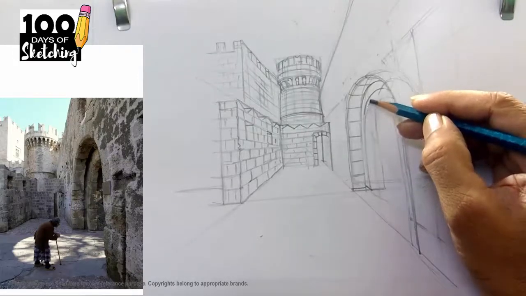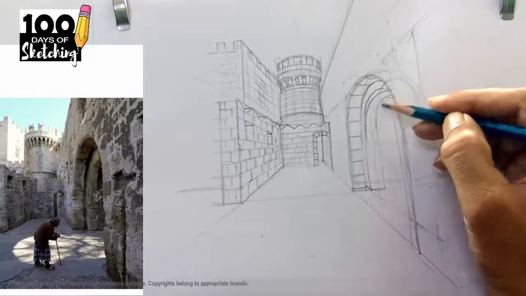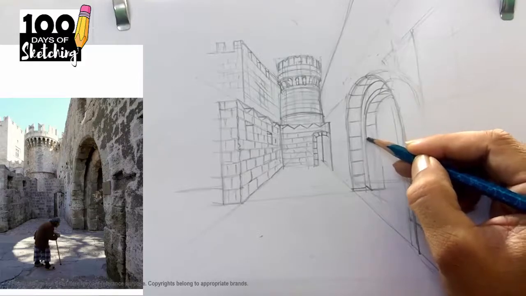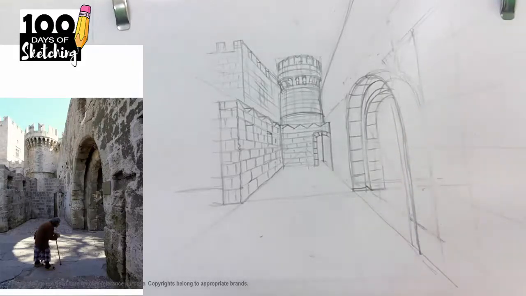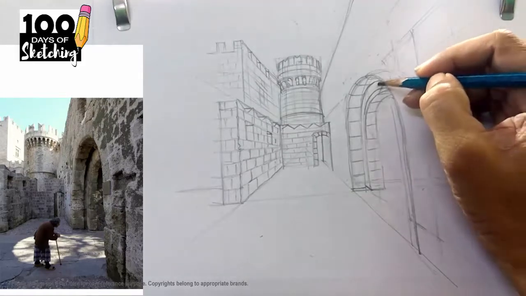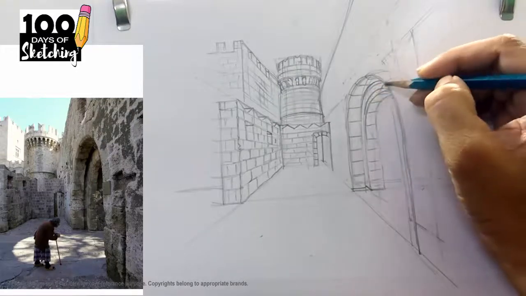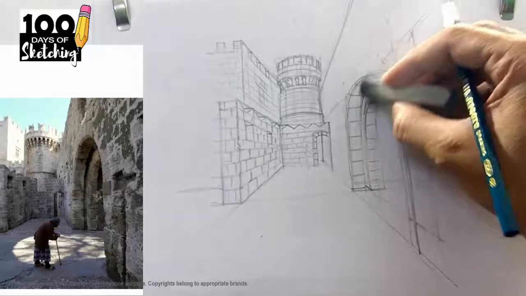And somehow this is getting smaller, I can see visually. And there is a bit of a gap in between this line. I have to erase.